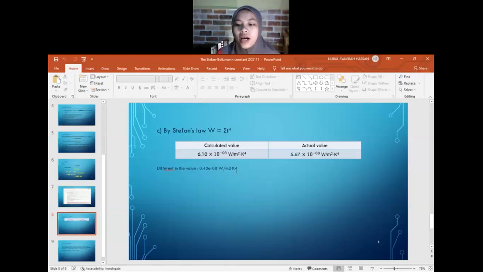So we can see there is a difference, which is not so far, the difference is 0.43 times 10 to the power of negative 8. This happened maybe because of my code, or the heat radiated from the black body is not constant.